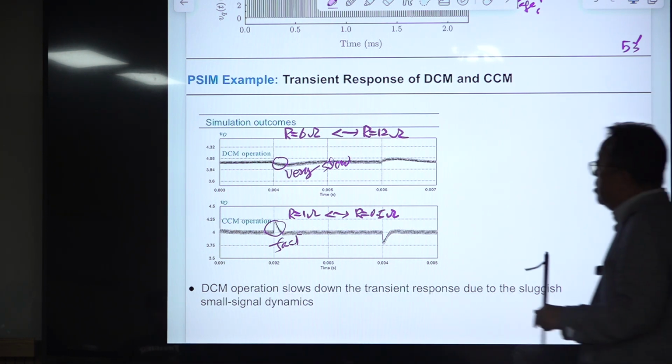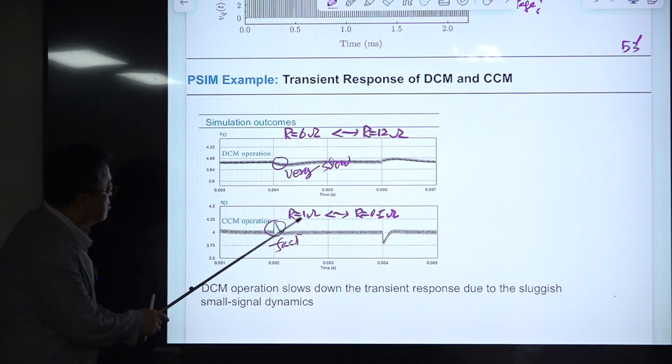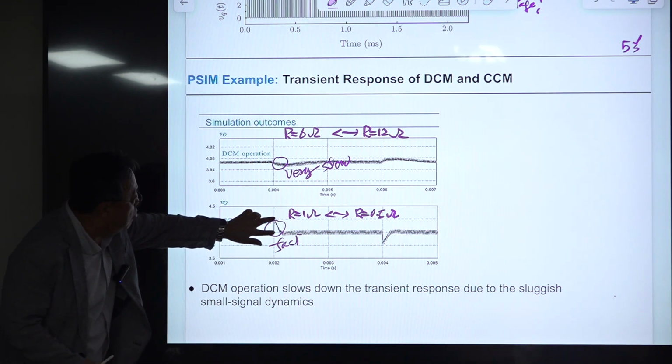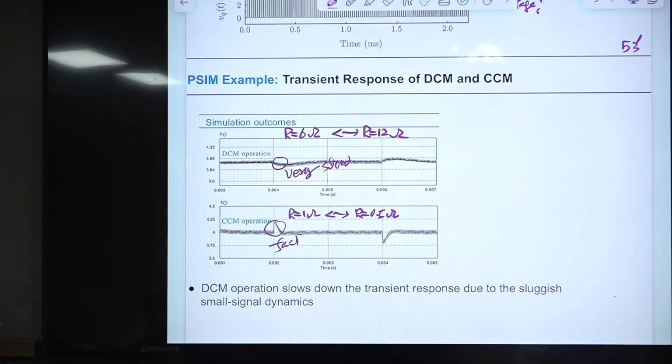The characteristics of the peak value, the size of the overshoot and undershoot, and the settling time or time constant can be predicted from the output impedance characteristic of this converter. If you measure, simulate, or analyze the output impedance, it looks like this. This determines the speed, and this final value determines the initial peak.